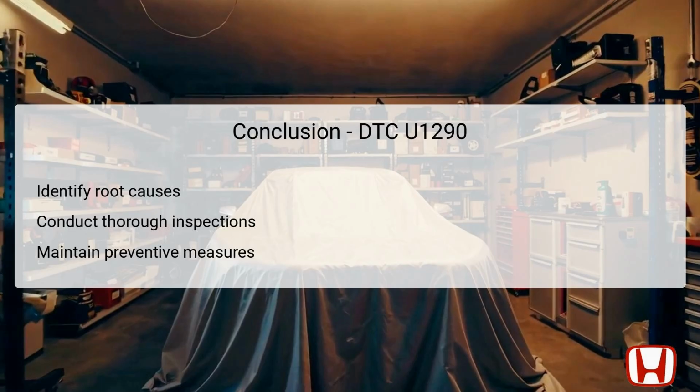Conducting thorough inspections as part of the troubleshooting process ensures that all aspects of the electrical system are considered. Additionally, maintaining preventive measures will significantly reduce the likelihood of recurrence, allowing for a seamless driving experience. Proper management of vehicle systems not only enhances comfort, but also improves the long-term reliability of your Honda Accord. Understanding and addressing issues like these will promote effective maintenance and vehicle safety.